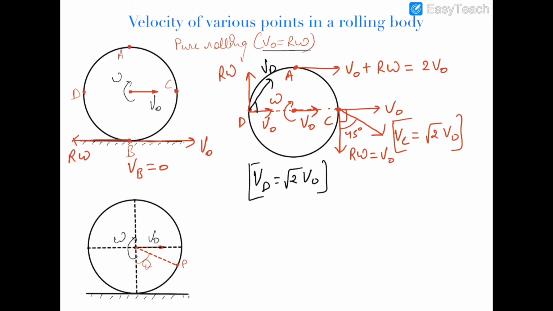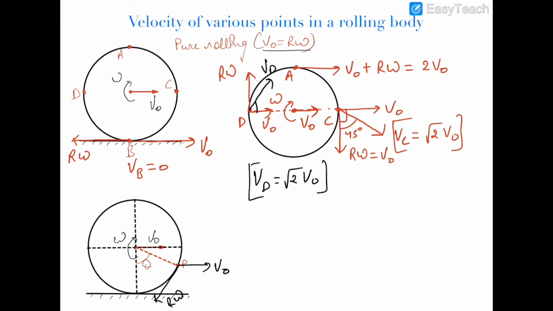So now if we talk about the velocity of point P which is at this position, we can see that due to translational motion, P would be moving in the direction of the center, which is V0, and due to rotational motion, the velocity of point P would be like that, R omega.